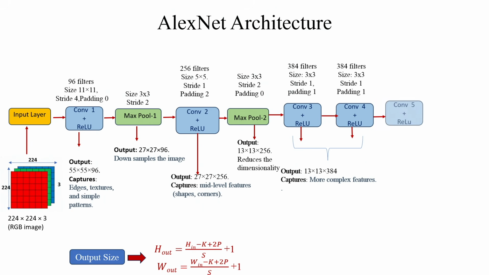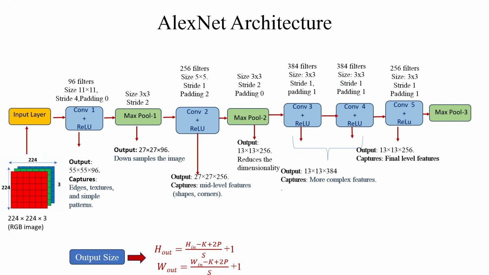Then it goes to convolution layer 5 plus ReLU. Convolution layer 5 has 256 filters of size 3 cross 3, stride 1, padding 1, and the output size becomes 13 cross 13 cross 256. This level captures the final level features.